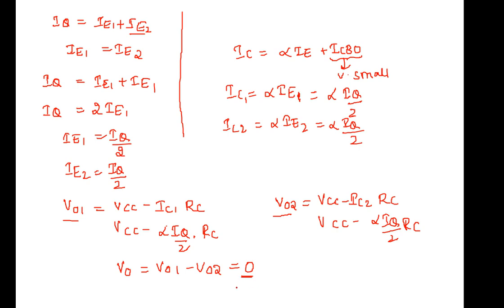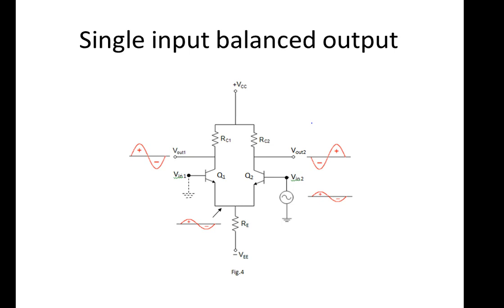So let me do the same expression for the single input and balanced output stage. In single input and balanced output stage, we have to apply only one input. So I am making V1 equal to 0 and I am applying some value to V2. So the transistor Q2 is in on condition because here I am applying some voltage, and the transistor Q1 is in off condition.